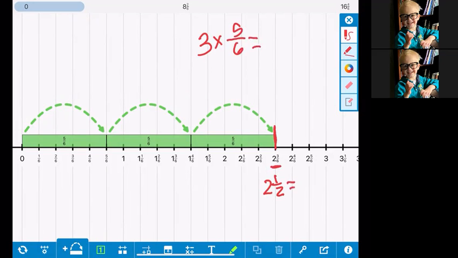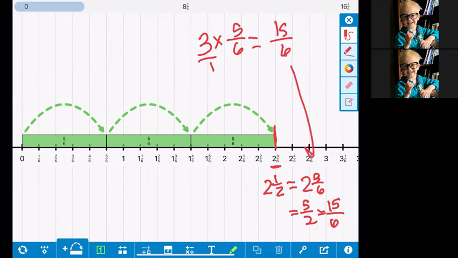And this is the same as 2 and 3/6. So this is either 5/2, or 6 times 2, 15/6. And if you think about the algorithm, the procedure, 3 times 5 would be 15/6. So these are all the same.